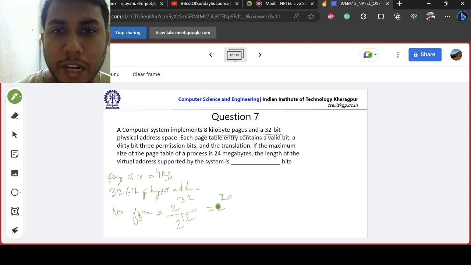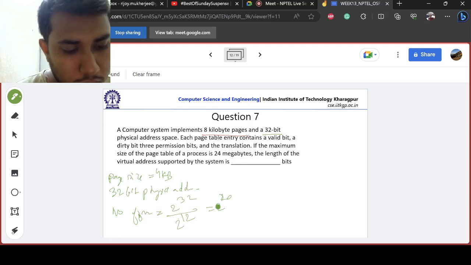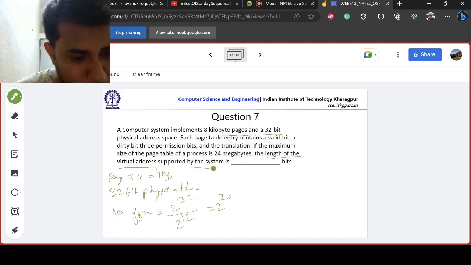So each page table entry contains a... each page table entry like 4 KB is fine. So in this case, we need to find out the length of the virtual address space.